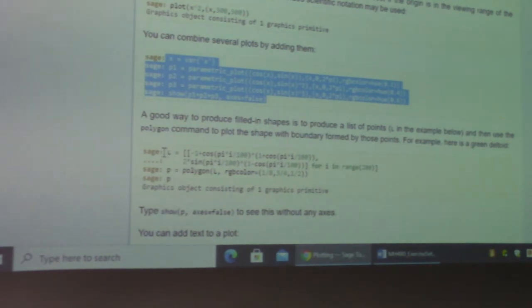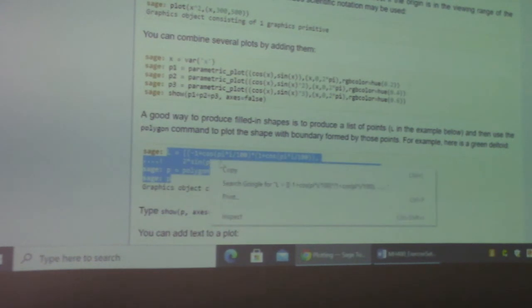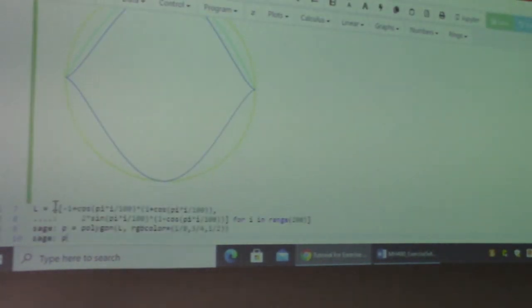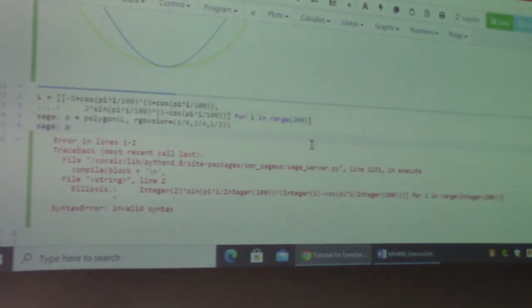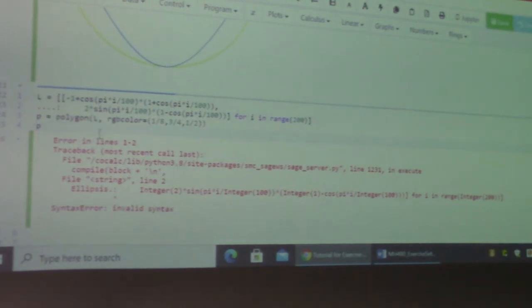What's this next thing? I don't quite understand this next one here. Oops. Be careful when you cut and paste. If you leave the Sage prompt in, it doesn't like it.